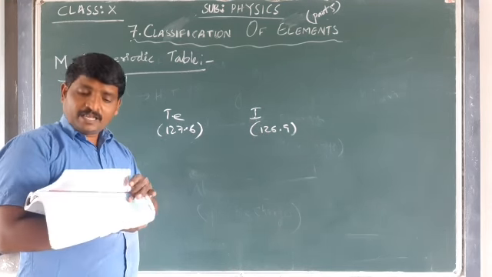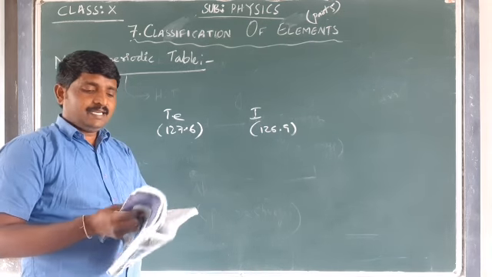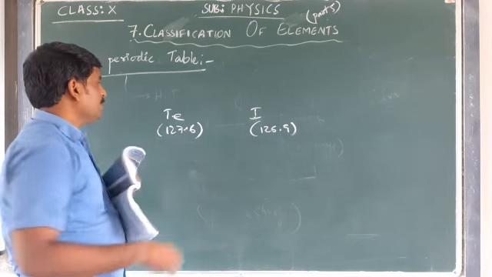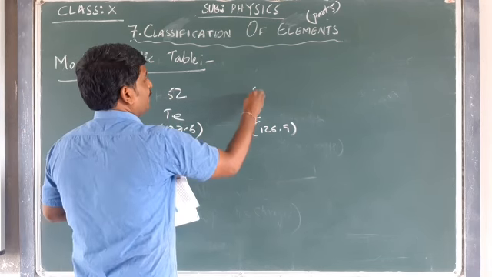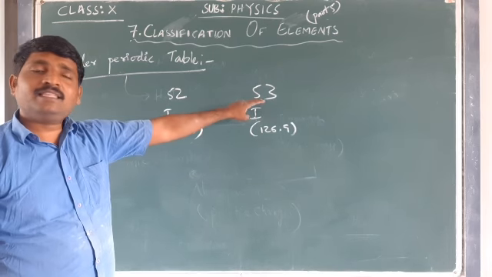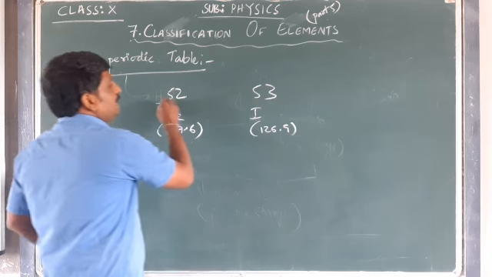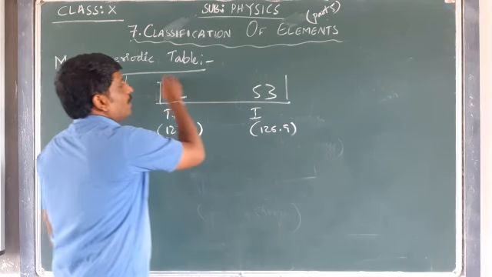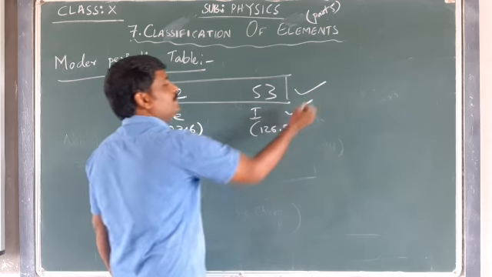But when Moseley calculated the atomic numbers, the atomic number of tellurium was 52 and that of iodine was 53. That is, tellurium has 52 protons and iodine has 53 protons. So if he arranged by atomic numbers, it gave a satisfactory arrangement.